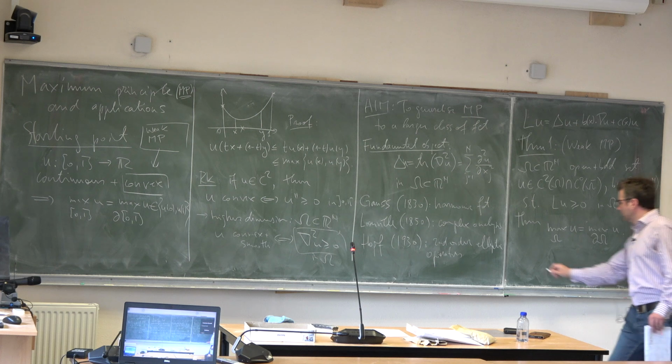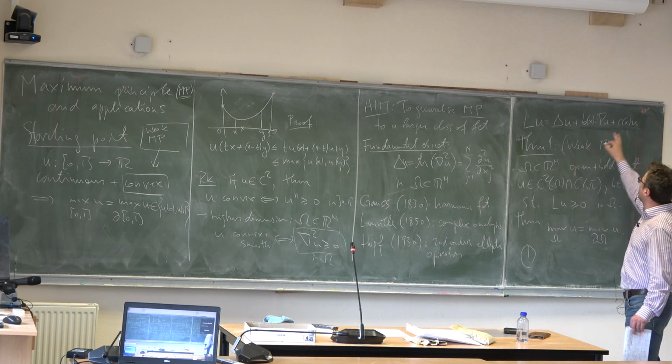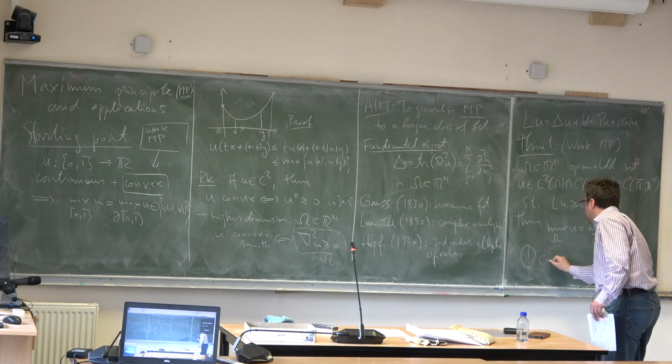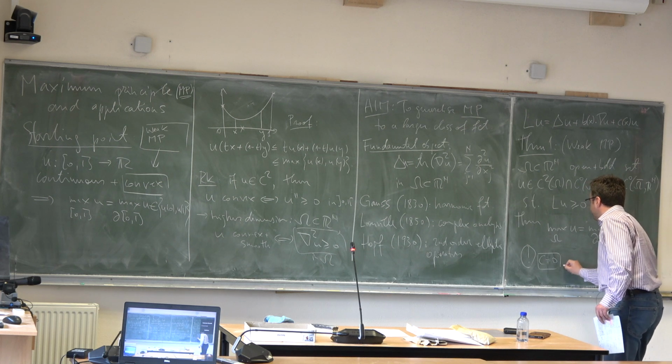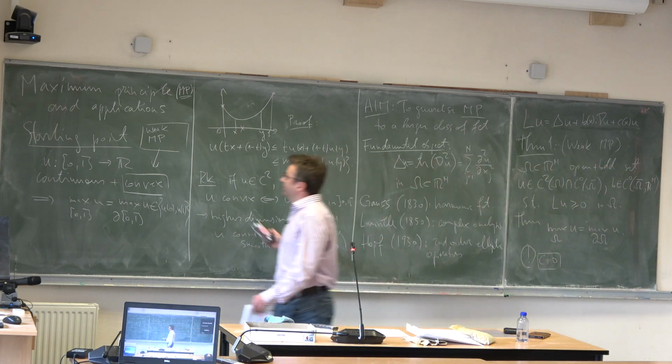Again, this is the easy case when we don't have the zero order term. So here C is 0, and we will treat the case C different than 0 later.